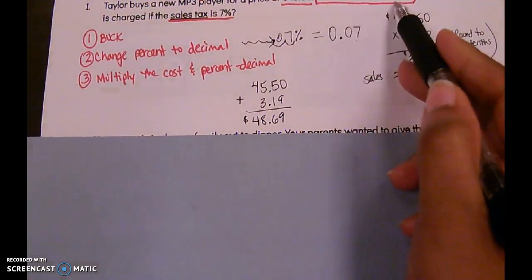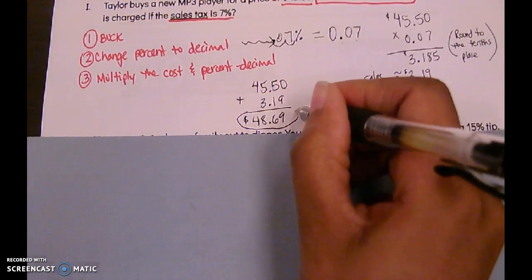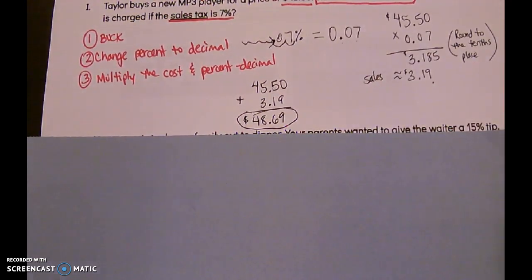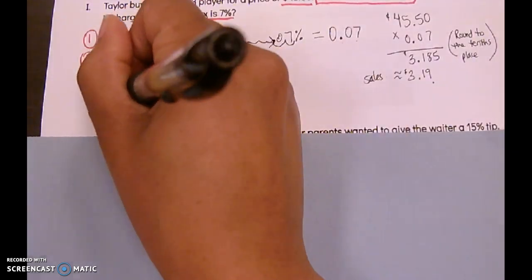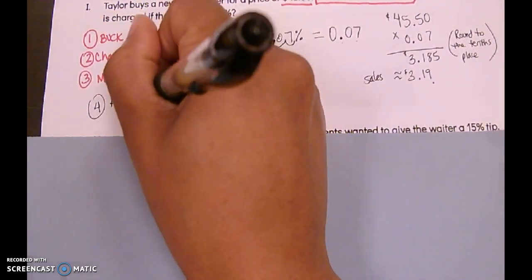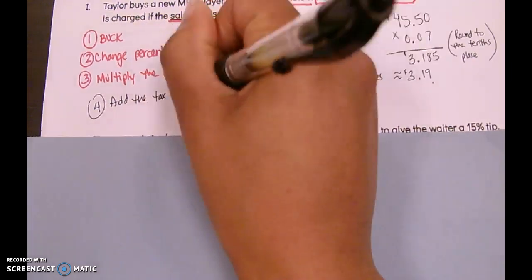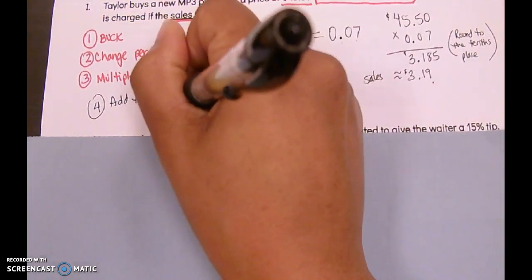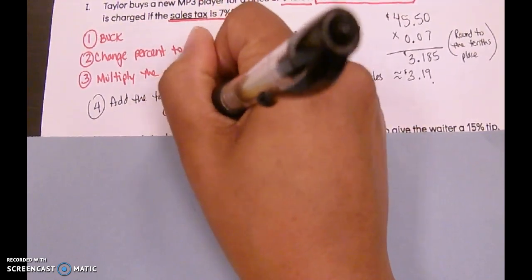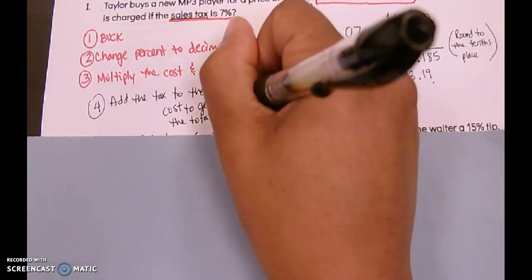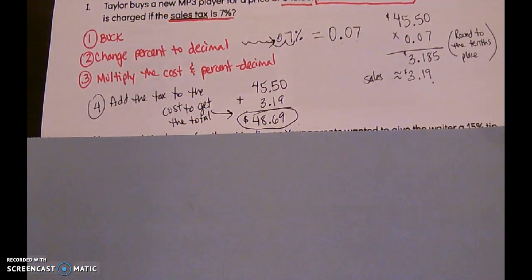So what is my total amount? $48.69. And if I had to put a step 4 to this, add the tax to the cost to get the total, which is here. Okay? And that's my answer. Now let's move to the next problem.